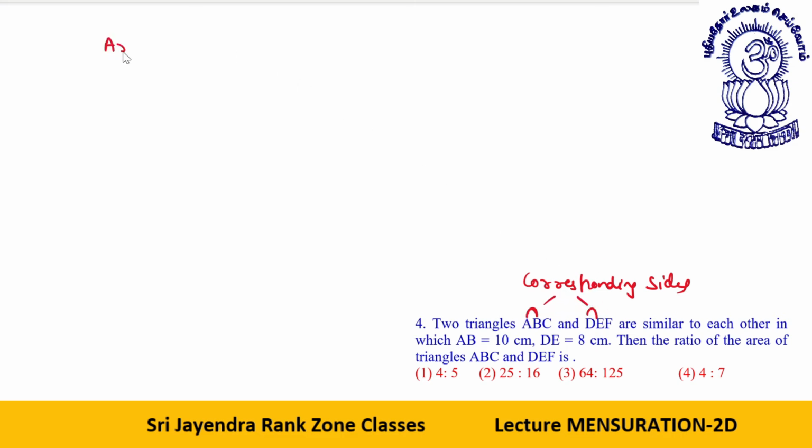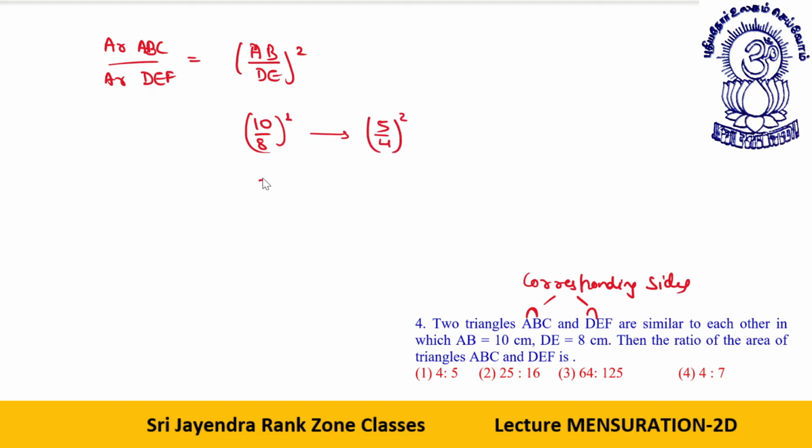So area of ABC upon area of DEF will be equal to AB by DE squared, that is 10 by 8 squared, or 5 by 4 squared, that will give me 25 by 16. Option number 2 is my answer.